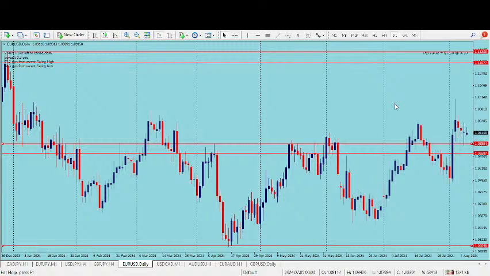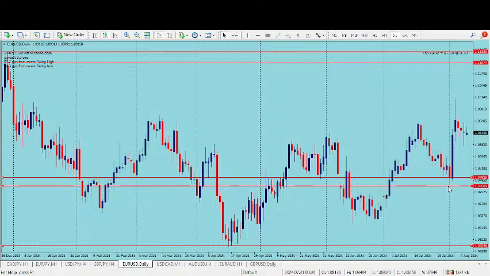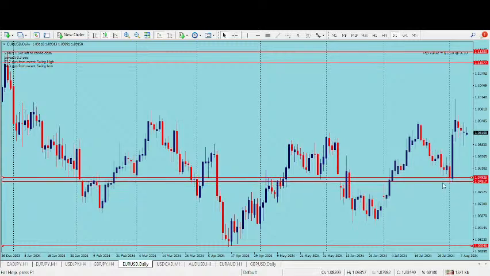It moved up. Then again, it tried to go down, but it couldn't. Look at it. Then at this point in time, this high here has taken out the previous high. So this Euro USD now is in uptrend. It is in uptrend based on dailies.